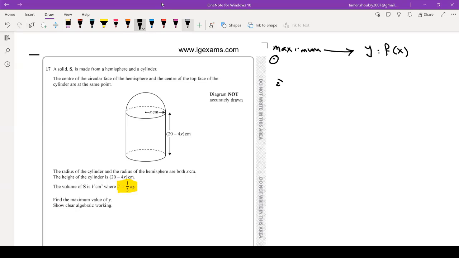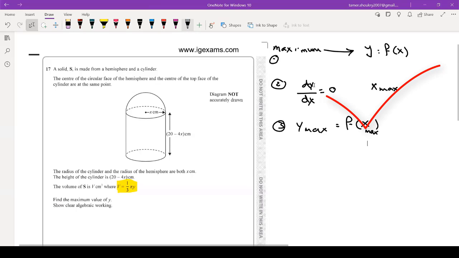In step 2, we are going to differentiate y with respect to x and set this equal to 0 in order to get x maximum. And then to get y maximum, we are going to substitute in f of x by the x maximum. This is straightforward, but it needs some algebraic working.